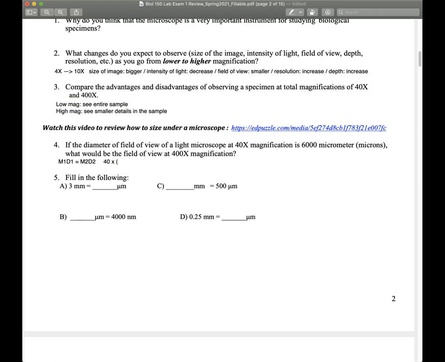We'll do 40 times 6,000. And then we want to find the field of view at 400. So 400 times D2. So then we'll have 240,000 divided by 400 equals D2. And that comes out to 600 microns.